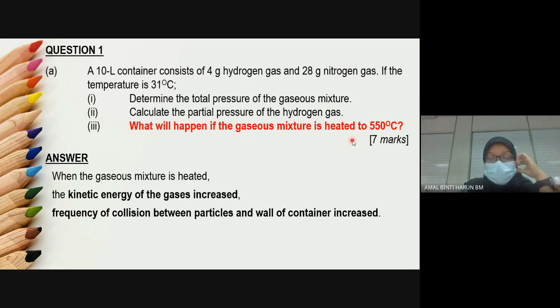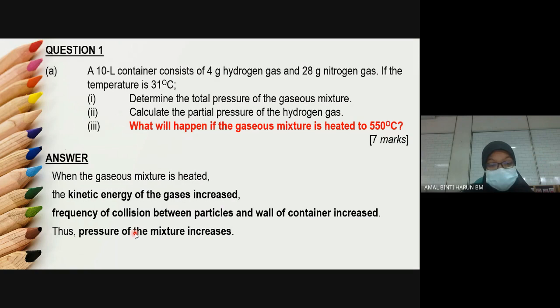This applies the kinetic molecular theory: when we provide heat or increase the energy, the kinetic energy of the gases will increase, and then the frequency of collision increases. Each collision exerts pressure, so at the same time the pressure of the gas mixture increases.